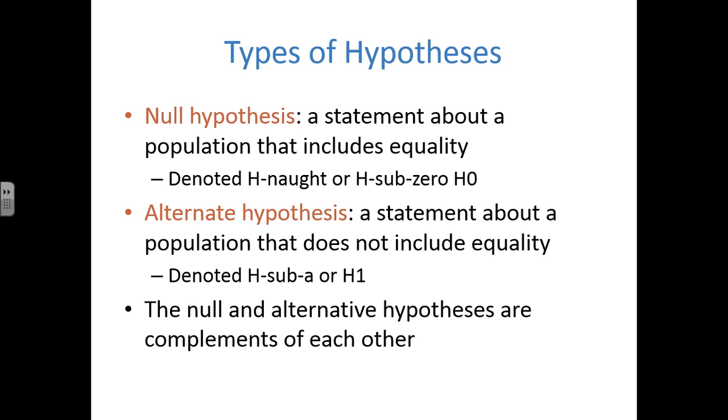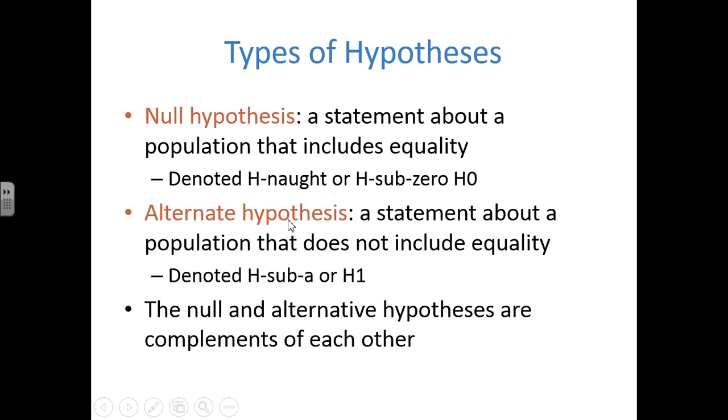There are two types of hypotheses. The null hypothesis, which is a statement about a population parameter that includes equality. Okay, symbols that include equality are equals, less than or equal to, or greater than or equal to. And it's denoted by an H naught or an H sub 0.